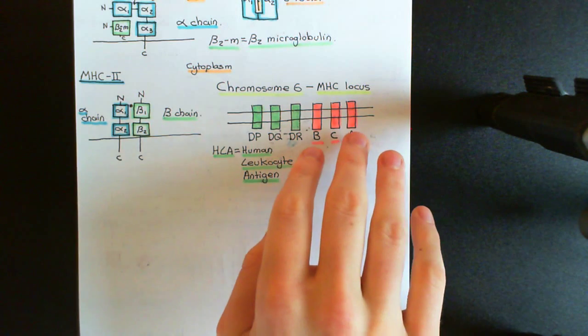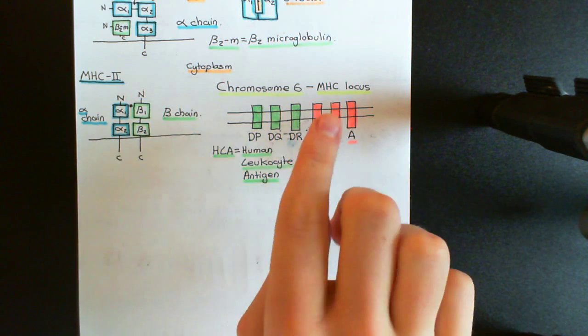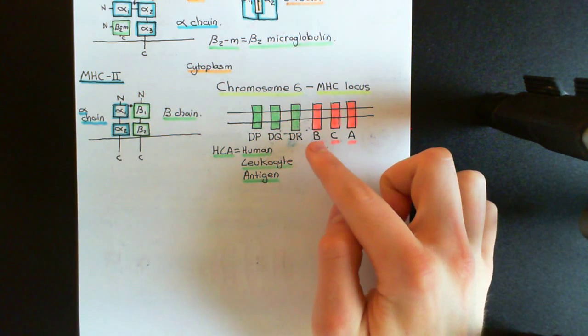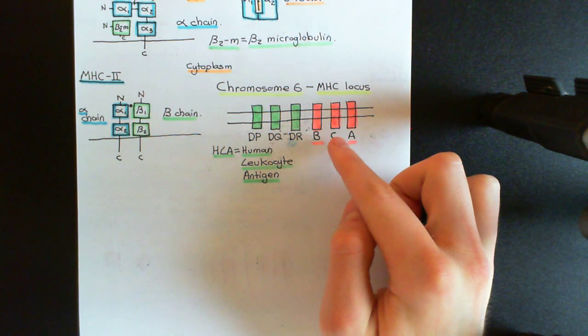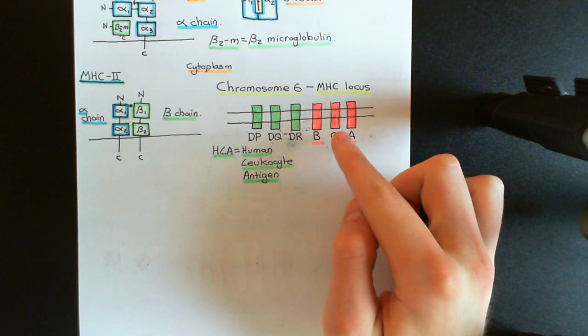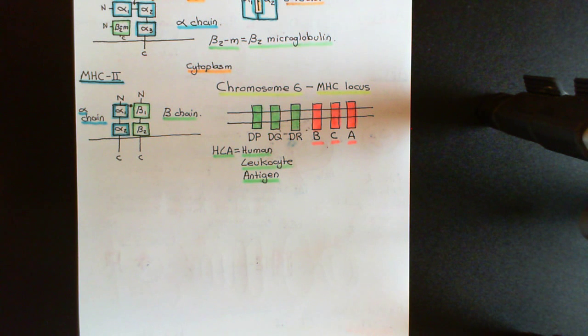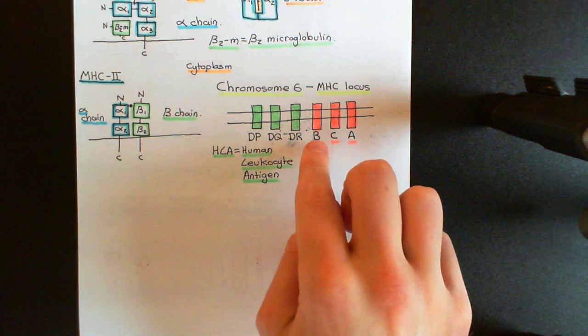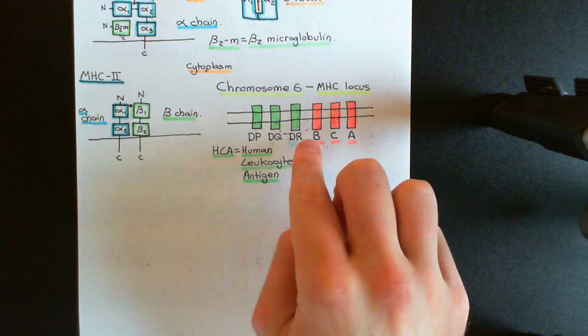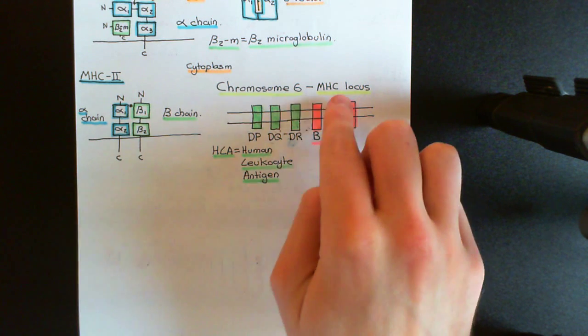These regions here, these produce the alpha chains. So you have the HLA-B locus, which will produce alpha chains. You have the HLA-C locus, which will produce alpha chains. And you have the HLA-A locus, which will produce, again, different alpha chains. So you can produce 3 different types of MHC class 1. You can produce HLA-B type MHC class 1, which is where you've used the alpha chain from the HLA-B locus in the MHC locus here.